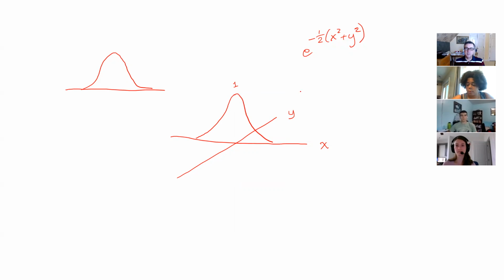Similarly, if x was equal to 0 and we traced it out along the y axis, it would look like a Gaussian function along y.